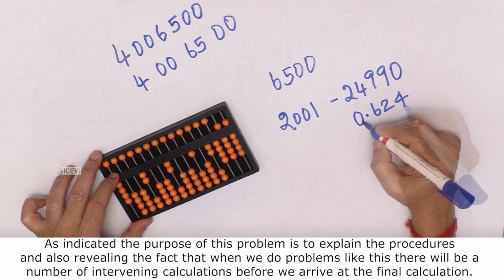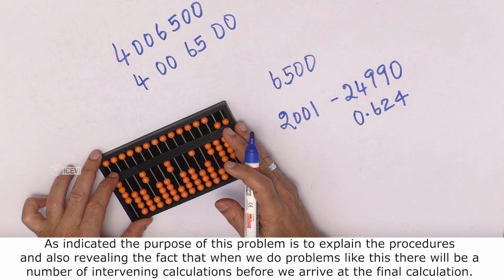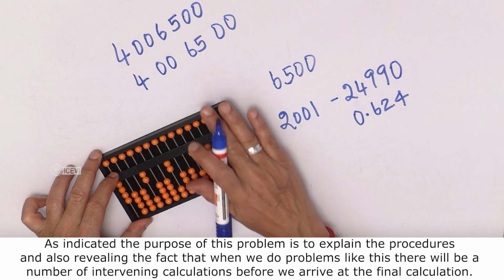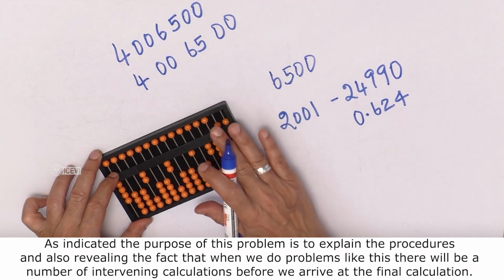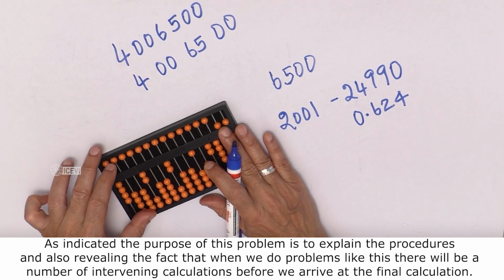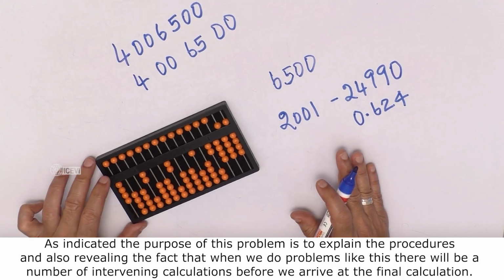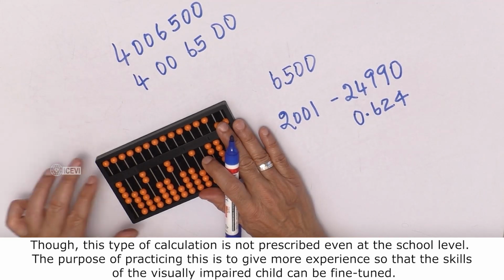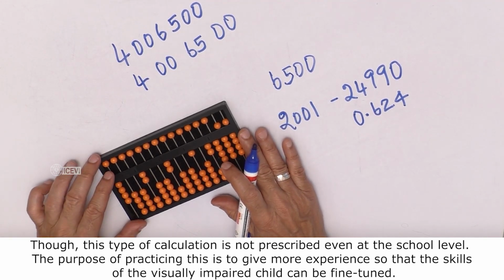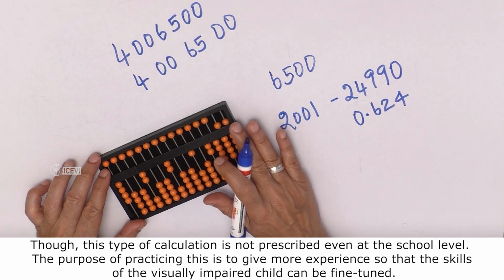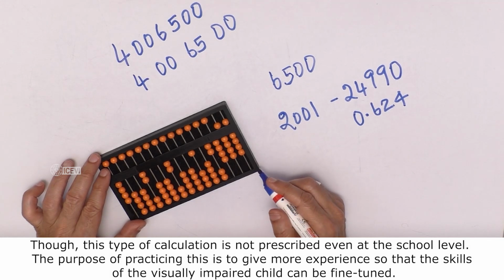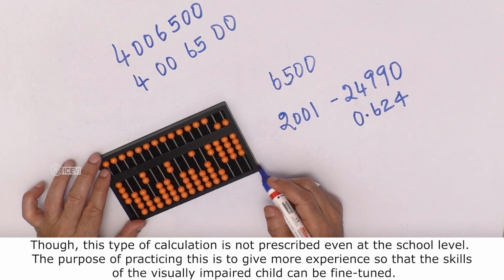0.624. As indicated, the purpose of this problem is to explain the procedures and also revealing the fact that when we do problems like this, there will be number of intervening calculations before we arrive at the final calculation. Though this type of problem is not prescribed even at the school level, the purpose of practicing this is to give more experience so that the skills of the visually impaired child can be fine-tuned.